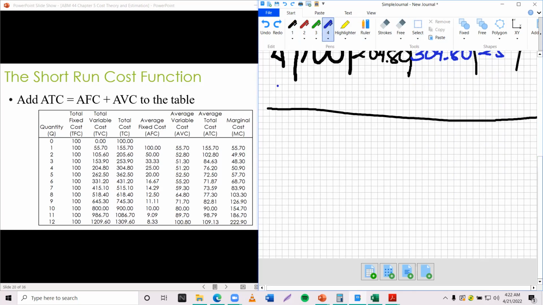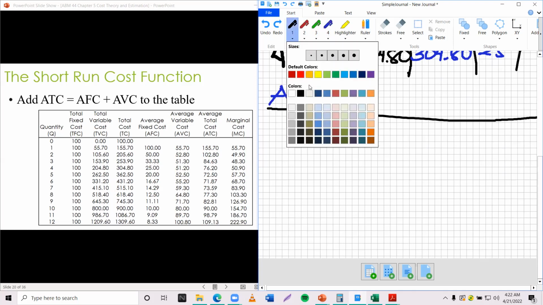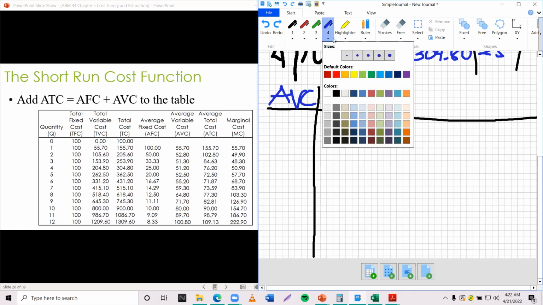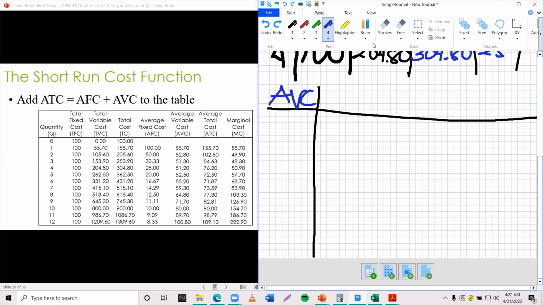Next up would be the average variable cost. I guess you're familiar with it: that is TVC over quantity. So TVC is 55.70 over 1, and the first one is 0.